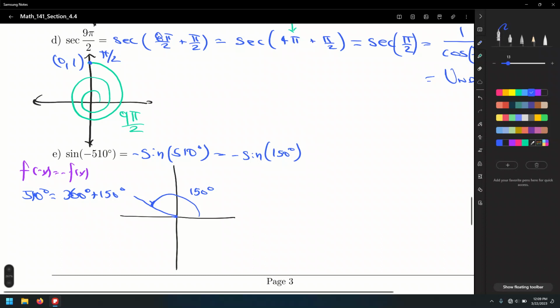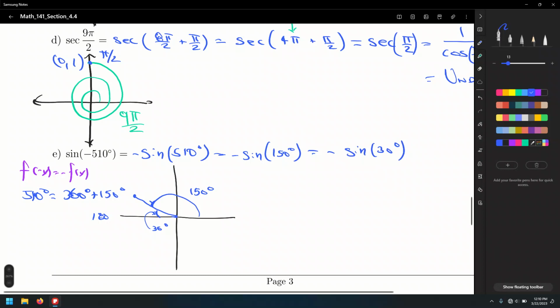It is the acute angle formed by the x-axis and the ray starting from the standard position. Since from 150 degrees to 180 degrees we need 30 degrees, in this case we are going to evaluate negative sine of 30 degrees.